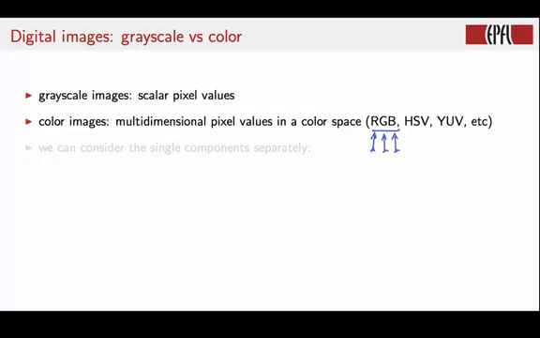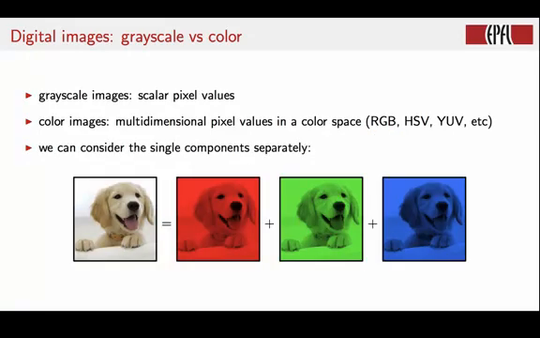It's a fascinating fact about the human visual system that we can actually represent such a wide array of colors using just three components. Now, when we use a color model, it means that each pixel has a multidimensional value. But since these values are independent, we can split the original color images into three fundamental components that are associated to the components of the vector space.